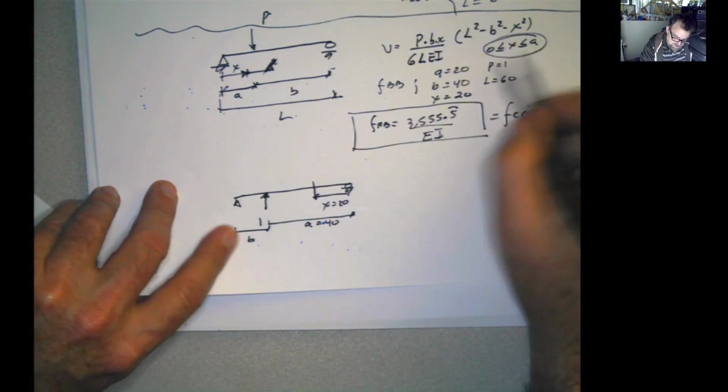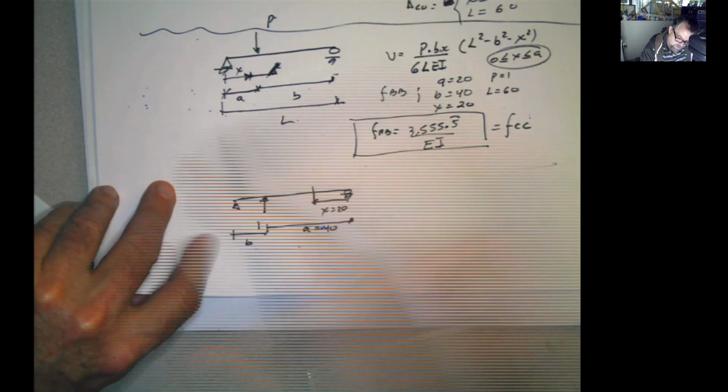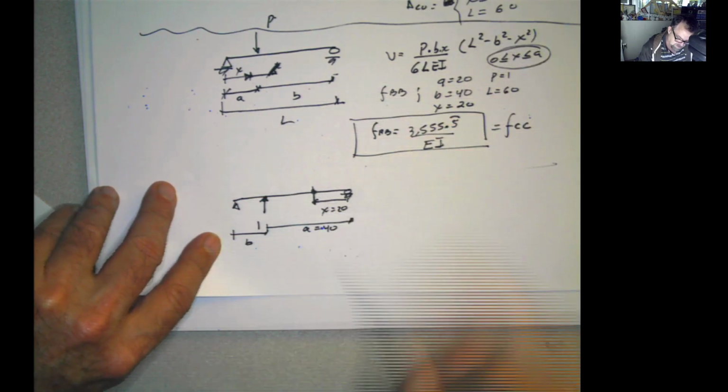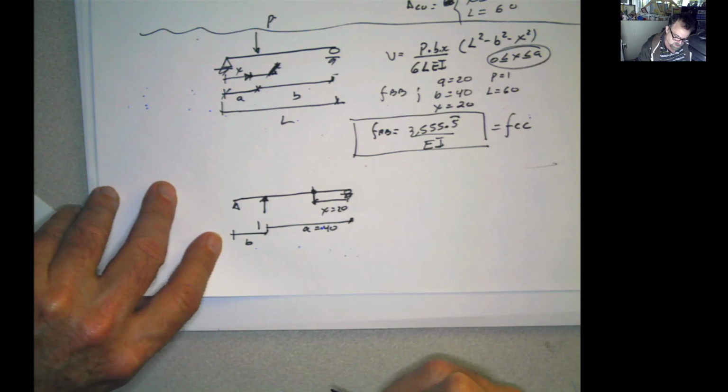There are books where these conditions don't apply, but you have more conditions to check. And I want to calculate then the deformation at that point. That's what I have to do.